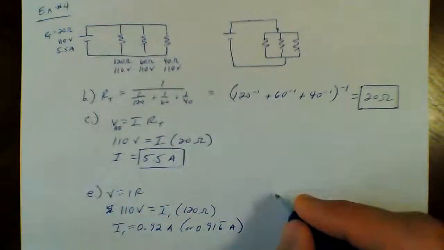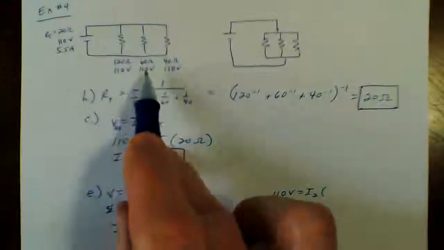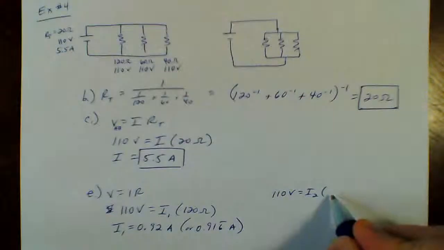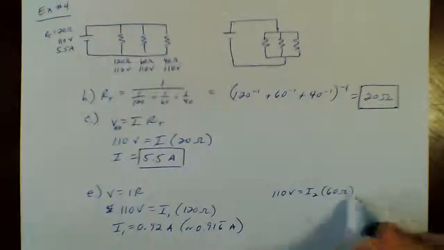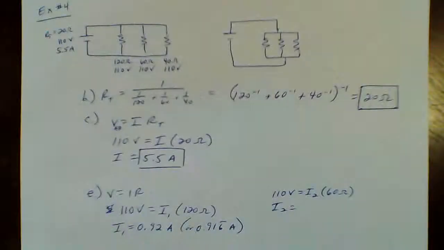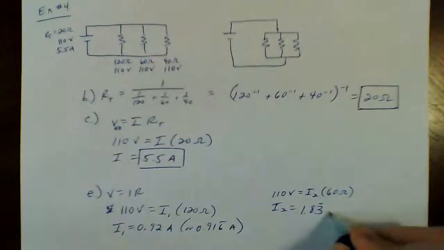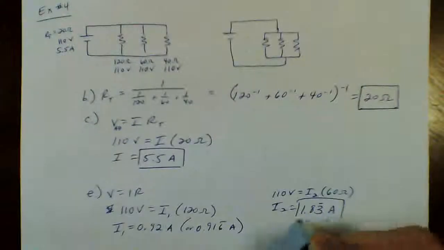For current 2, we're going to say voltage is still 110 volts. 110 volts equals I2 times resistance 2, which is 60 ohms. To find I2, we're going to say 110 divided by 60, and that gives us 1.83 repeating. 1.83 amps.